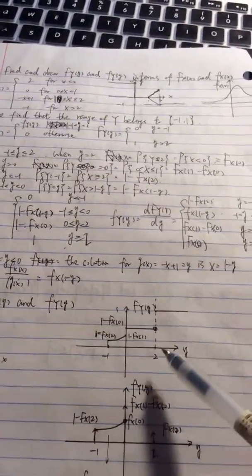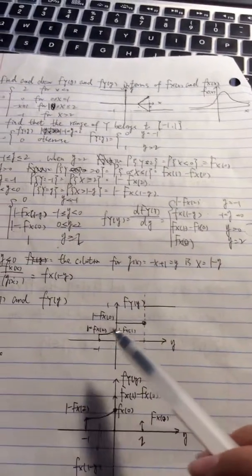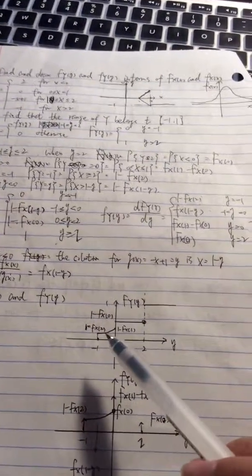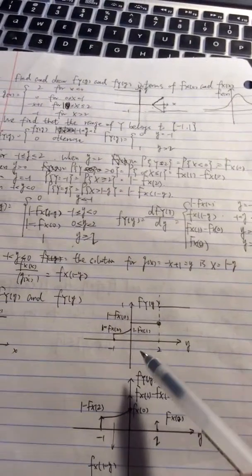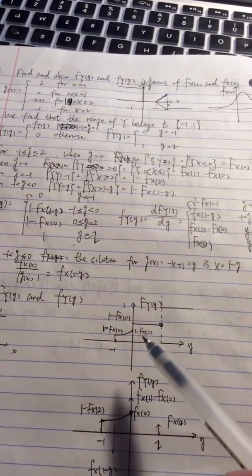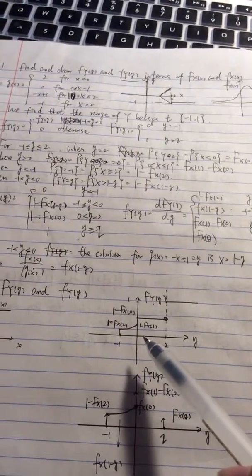The CDF of y is just like this picture. When y is greater than 2, it equals 1, and when y is less than minus 1, it equals 0.